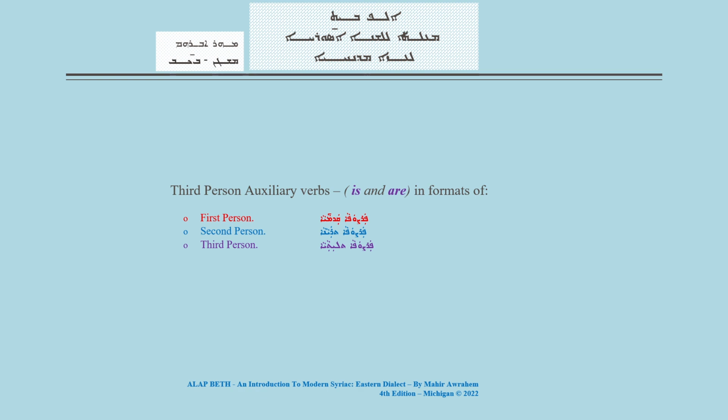Example, betha ile raba. Betha ile raba. The house is big. Ila, which means is for feminine. Siyara ila smokta. Siyara ila smokta. The car is red.